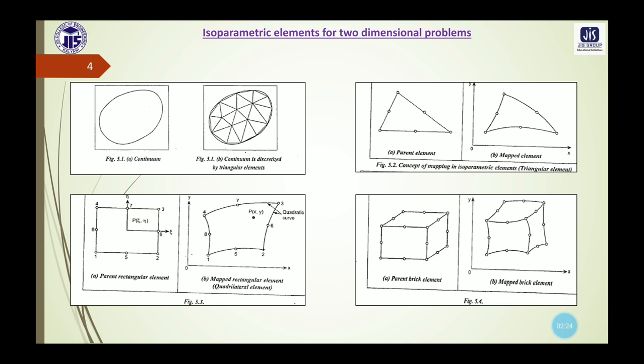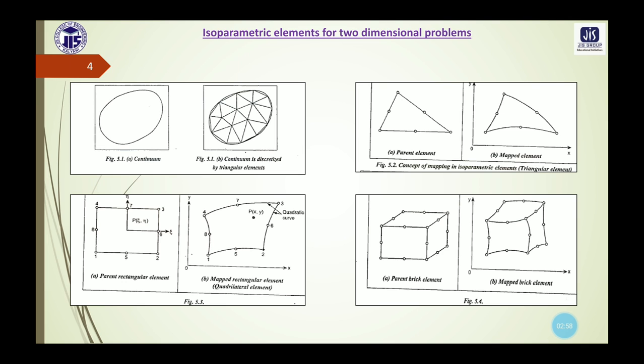But the two and three dimensional elements like the triangle, rectangle, brick, etc., which were discussed in the earlier modules, cannot be used efficiently for irregular geometries. This is actually a disadvantage for these two and three dimensional elements.